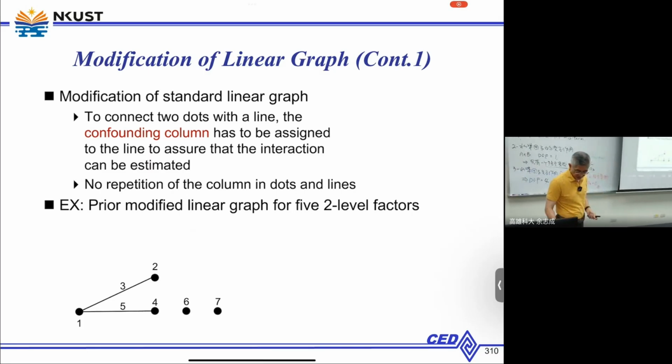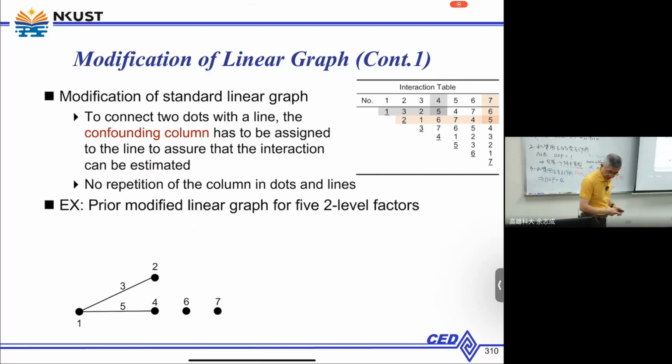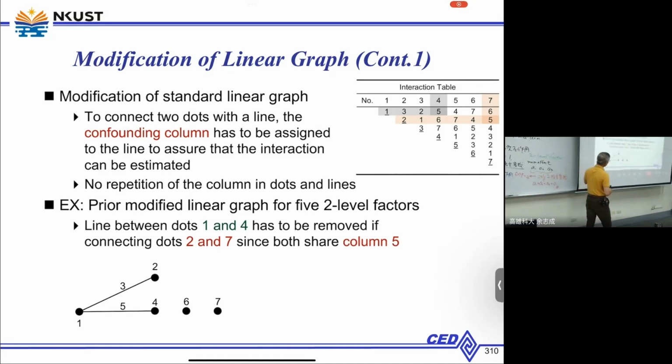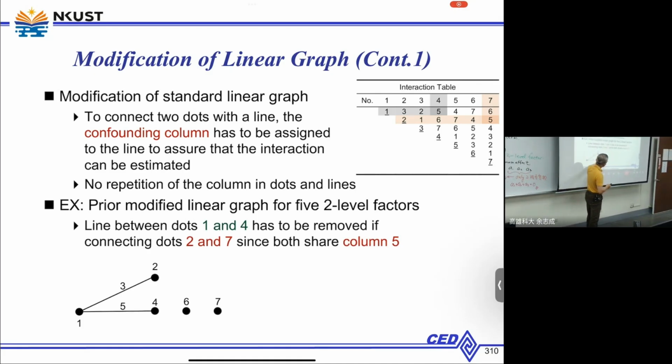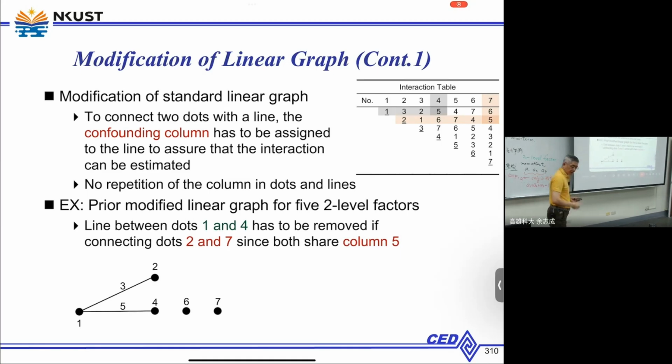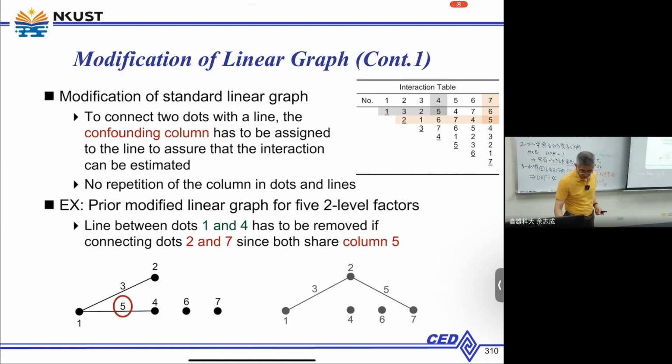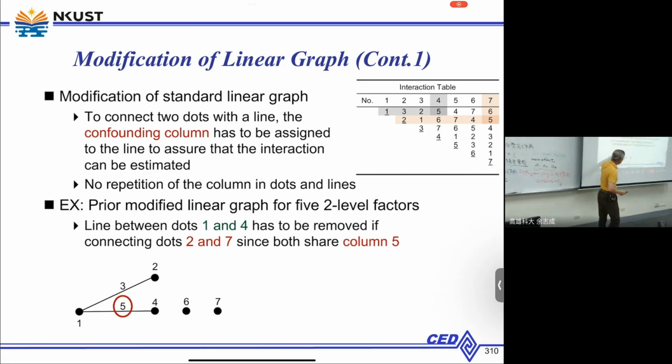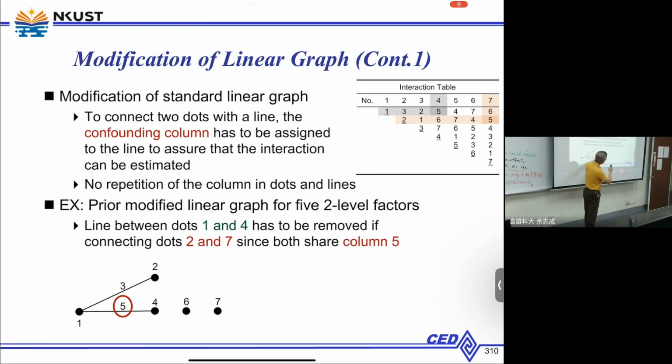If you want to create another interaction here to analyze the interaction between column 2 and column 7, you need to be careful. You need to look at the interaction table to see which column 2, 7 falls in. You will need column 5 to estimate the interaction of 2 and 7.